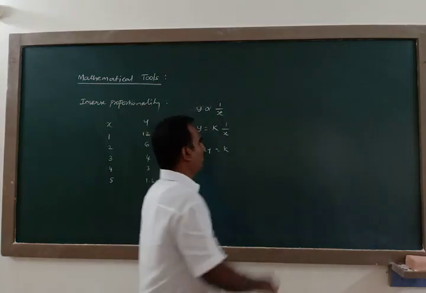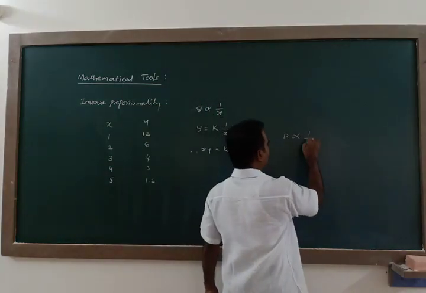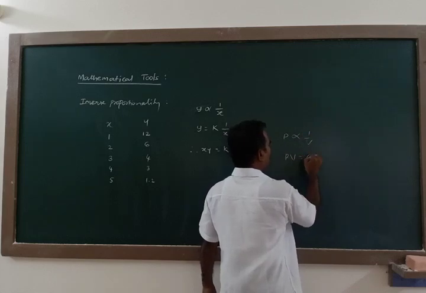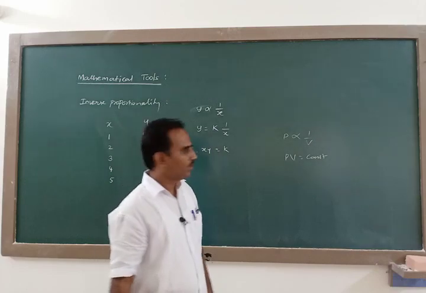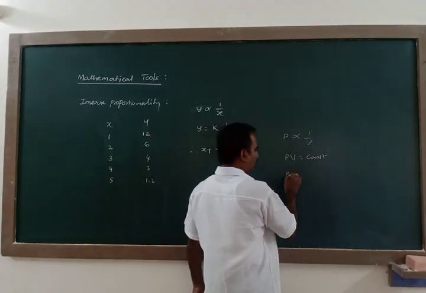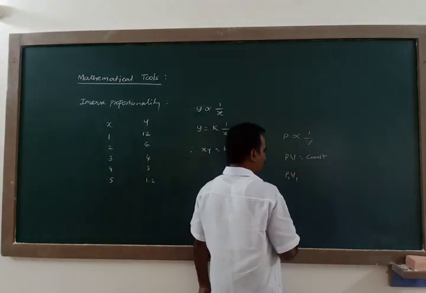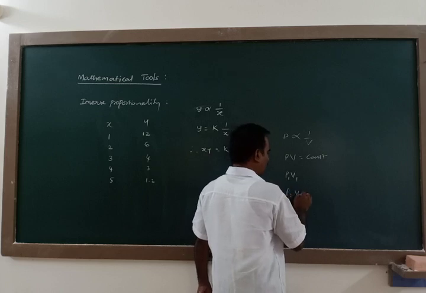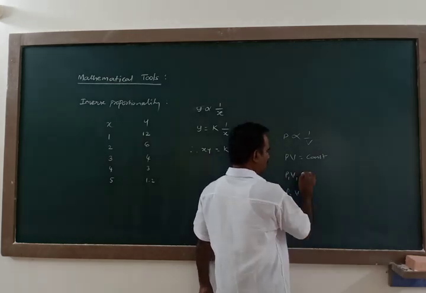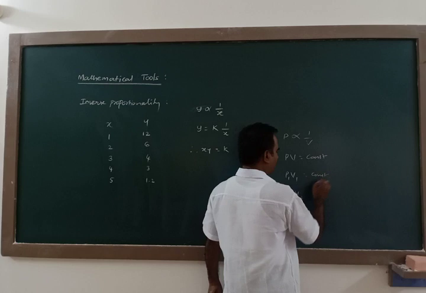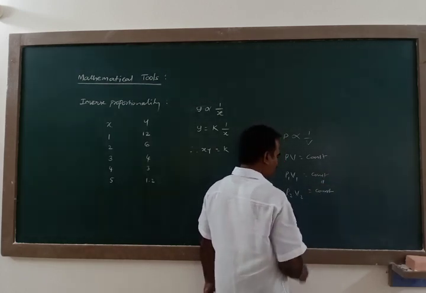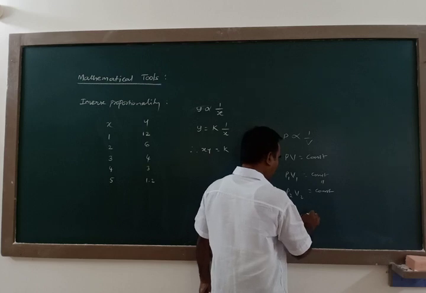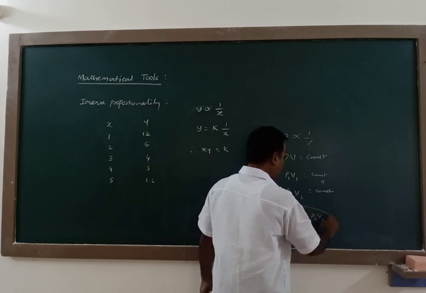So, P ∝ 1/V, we write PV = a constant. So, at pressure P1, V1 is the volume. At pressure P2, V2 is the volume. So, P1V1 is a constant and P2V2 is also a constant. These two constants being the same, we can write that P1V1 = P2V2.